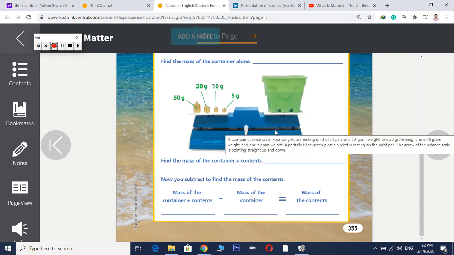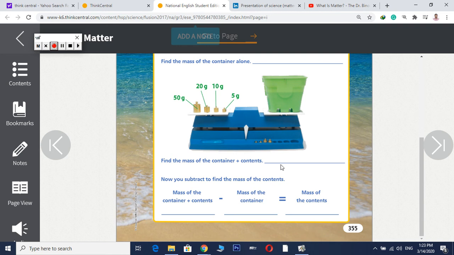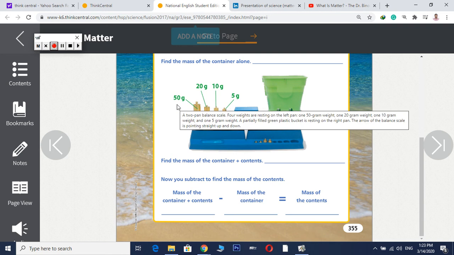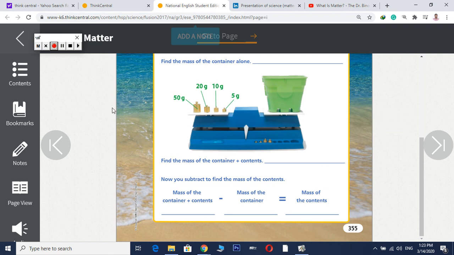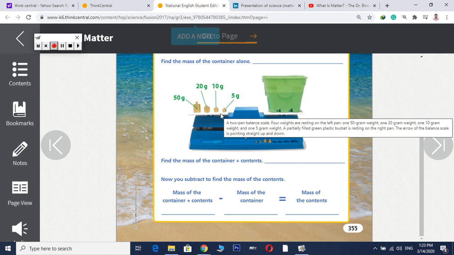So can you please find the mass of the content itself? It is 50 grams plus 20 plus 10 plus 5. All of them together are, yes, 85. Yes, this is 85 if you count them all. Now, can you find the content alone, the sand alone?